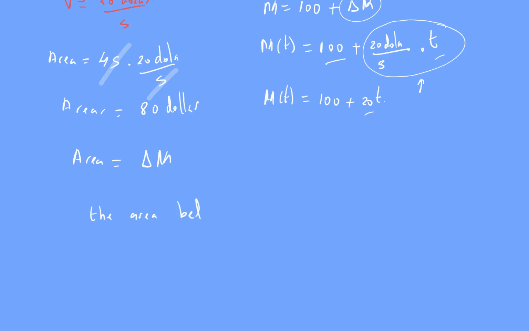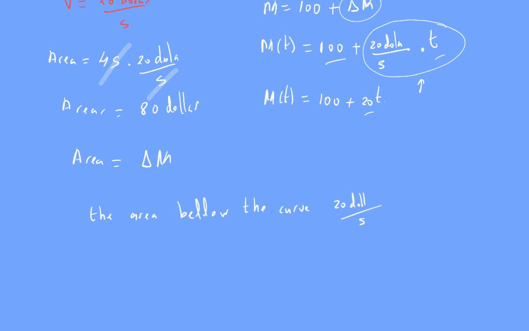The area below the curve, which curve? The $20 per second, the constant function.